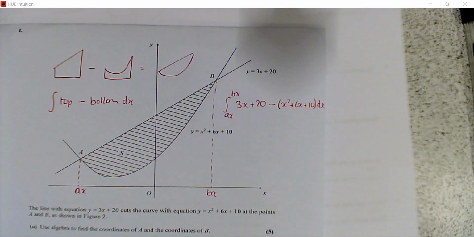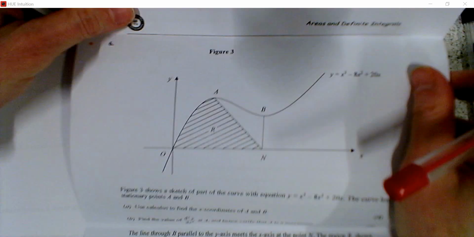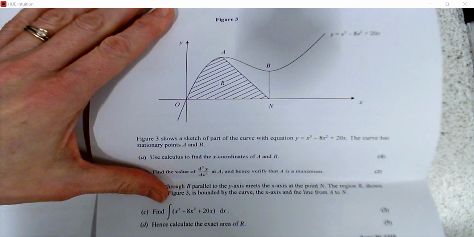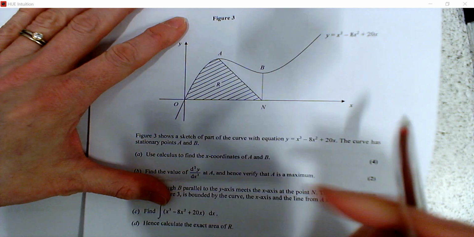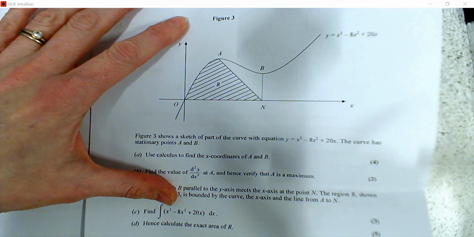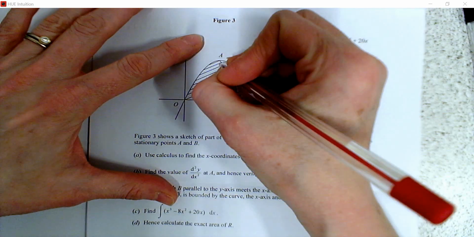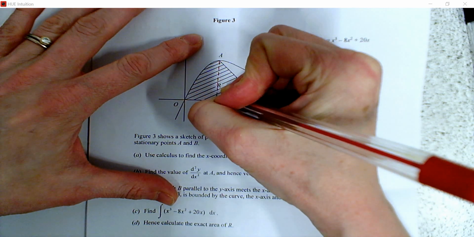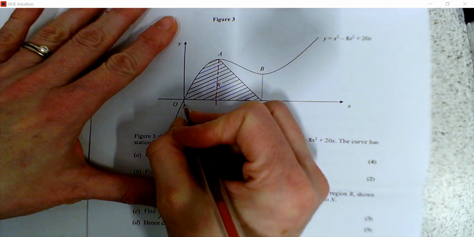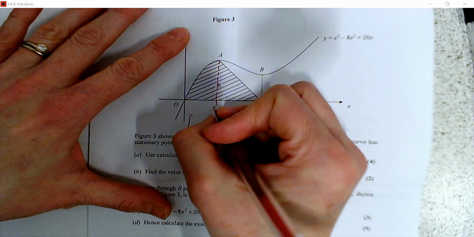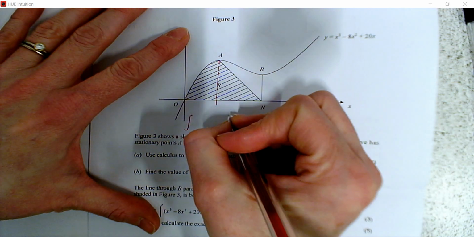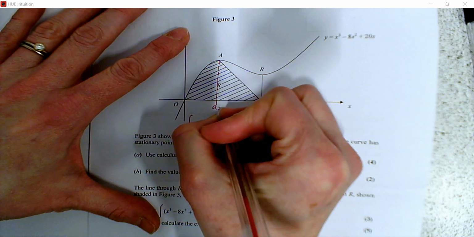Okay, I think there's one other type to show you which is a bit strange. So if we look at this curve here, it looks like it's an area between two different things, but actually if you chop it here, you can just split it into this nice curved area. So let's call that AX.